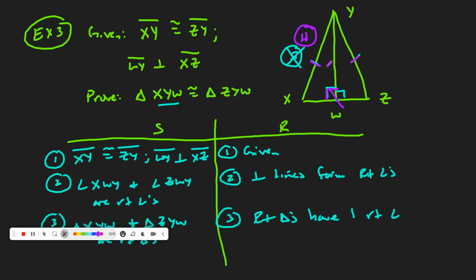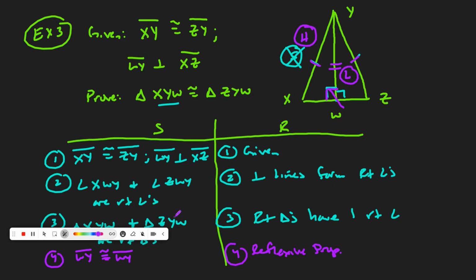Well, if you look at how these two triangles touch, they share WY. Segment WY is congruent to itself. So step 4, segment WY is congruent to segment WY. And that is by the reflexive property. And there is a pair of legs.